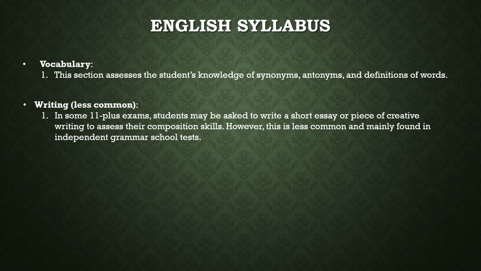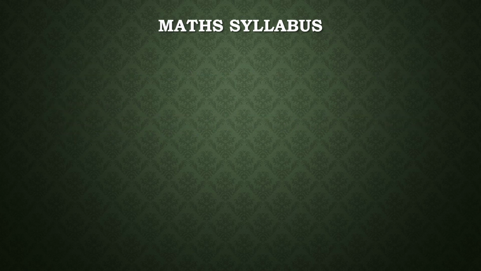In some of the exams they also test writing skills, but this is less common in grammar schools, where they ask students to write a short essay or piece of creative writing to assess their composition skills. Like in the case of the Kent exam, they have a creative writing examination, and this is less common and mainly found in independent grammar school scenarios, wherein they use this test to further decide on the selection process.